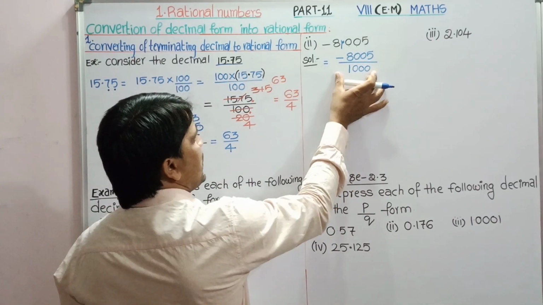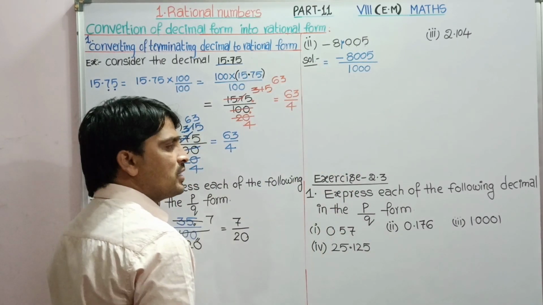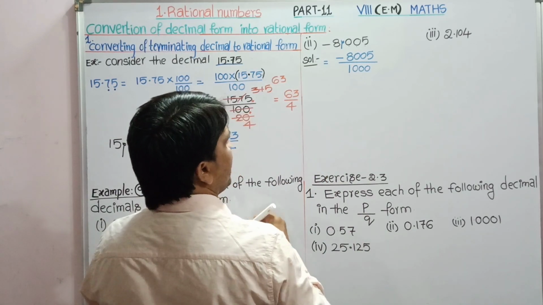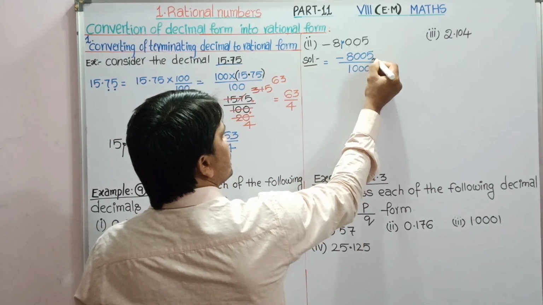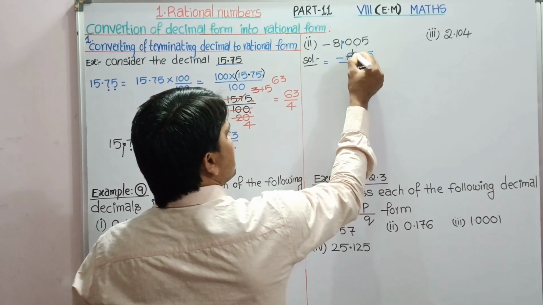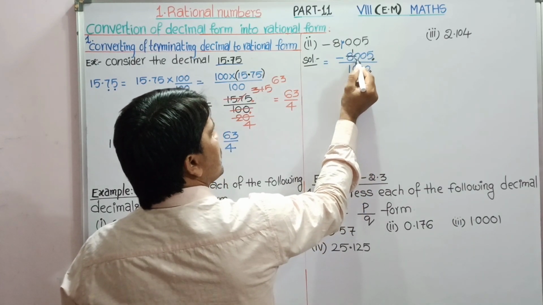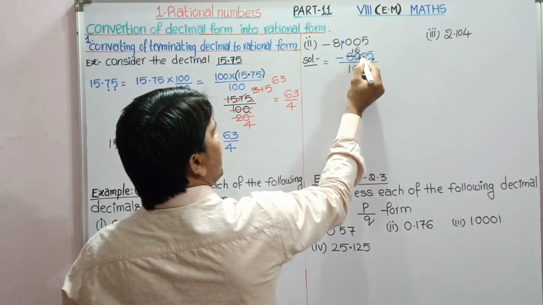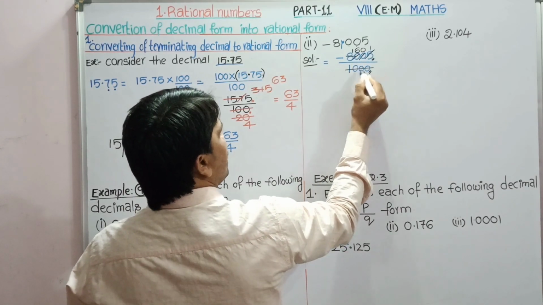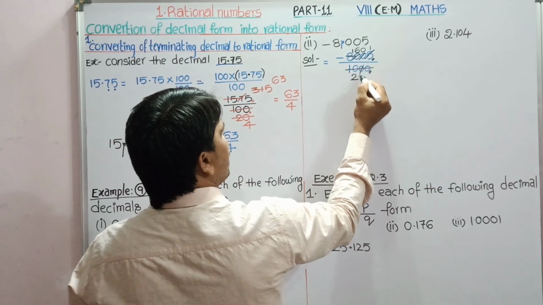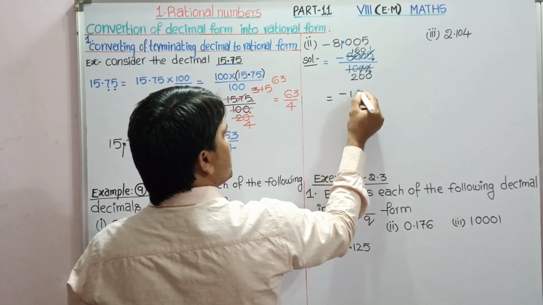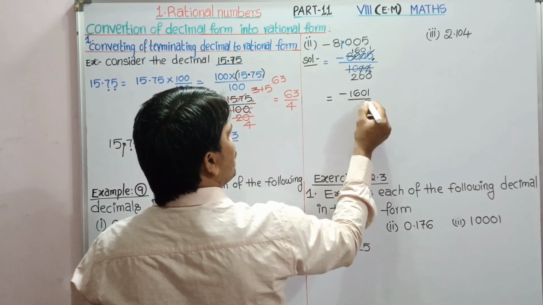It can be cancelled by the 5 table again, since the units digit is 5 and the other is 0. 5 ones are 5, 3 remainder, drop 0, 5 6s are 30, 5 zeros are 0, 5 ones are 5; 5 twos are 10, 5 zeros are 0, 5 zeros are 0. So minus 1601 by 200.